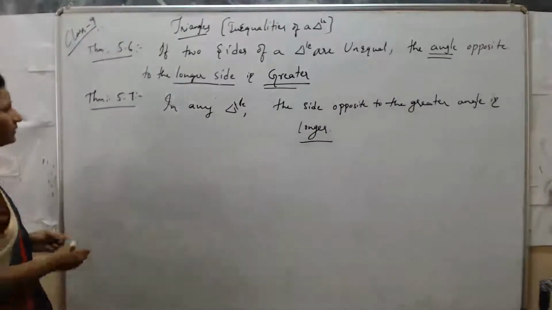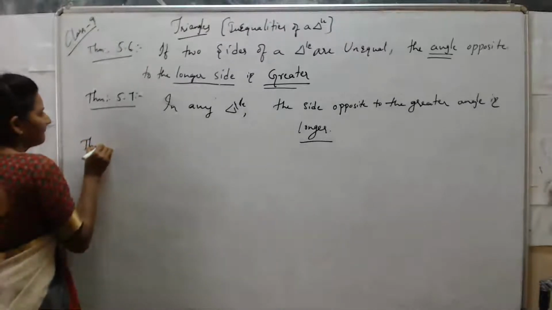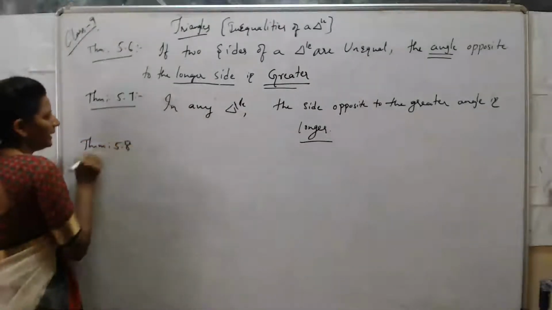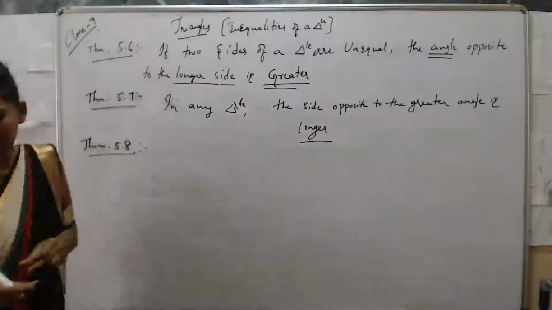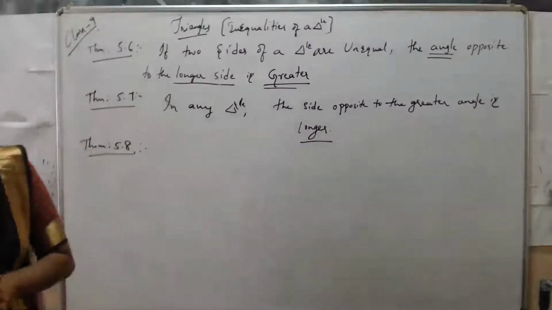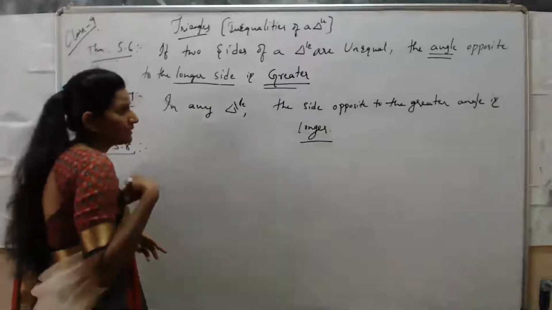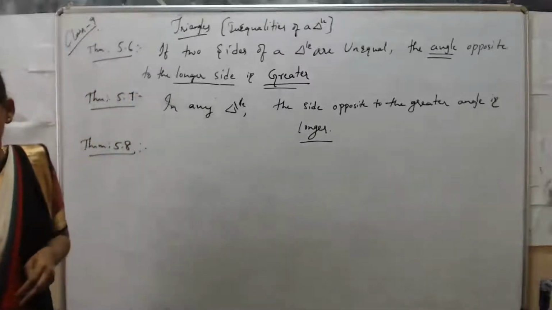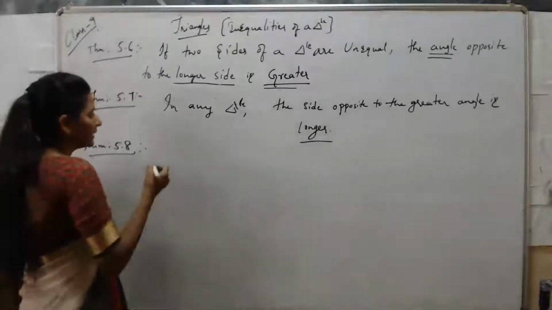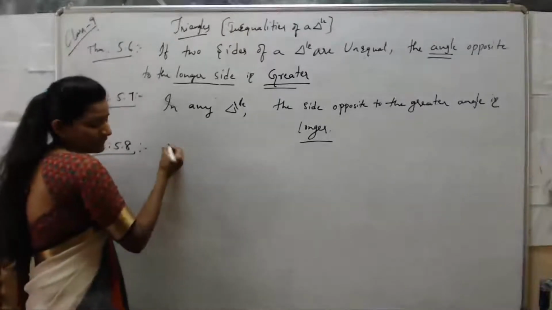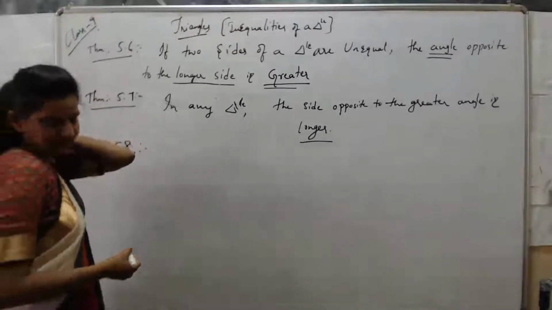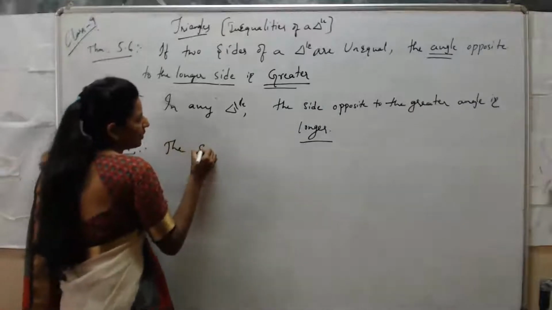Theorem 5.8: The sum of any two sides of a triangle is greater than the third side. This is the condition of a triangle.